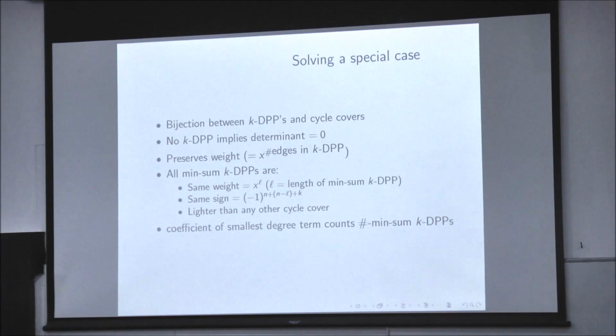All of them sum up because they have the same sign and the same weight, and this weight is lighter than any other cycle cover's weight. Therefore, computing this coefficient is as easy as computing the determinant. Hence, we have reduced the problem to computing the determinant.